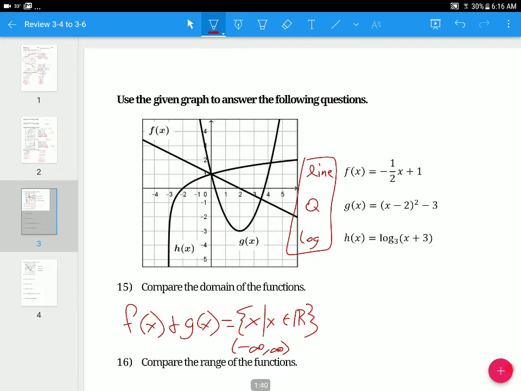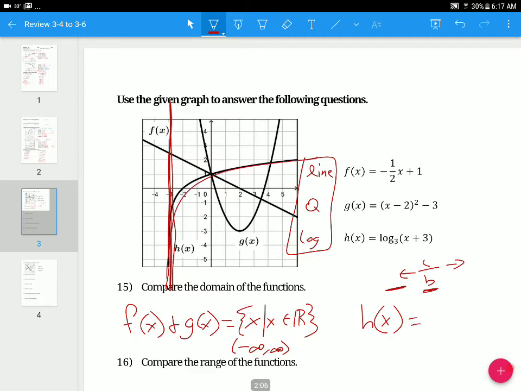Logarithms, you can look at the chart, are not all real numbers. So h of x is a little different. You'll notice it says c over b, and then it's either to the right forever, to positive infinity, or to the left to negative infinity up to that point. Here we're looking at the vertical asymptote, and it's going to the right.